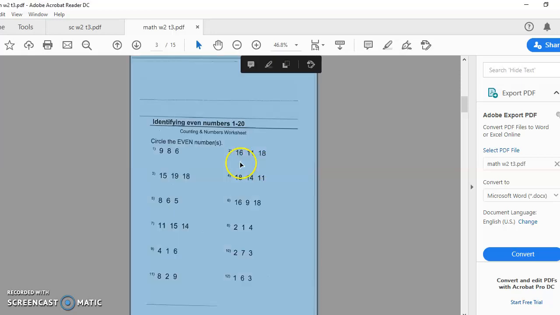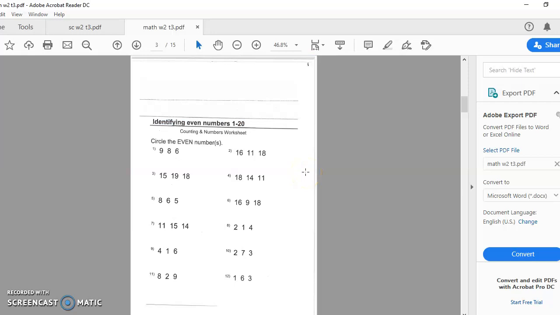Remember I said all numbers that end with 0, 2, 4, 6, and 8 are even numbers. So 16, you see it ends with a 6, so it is an even number. 18, it ends with an 8, so it's also an even number. So we draw a circle around 18 and a circle around 16.